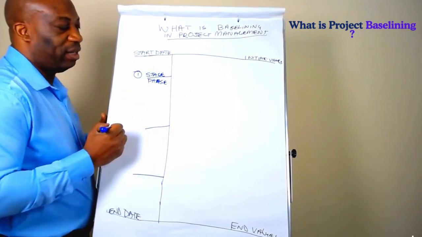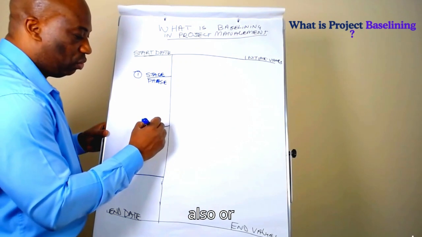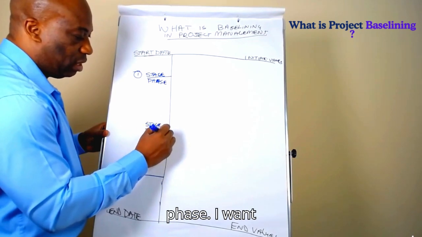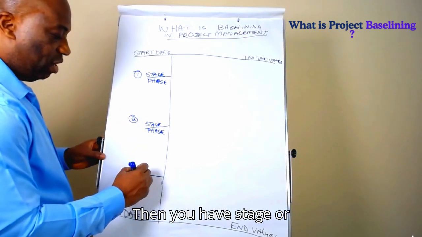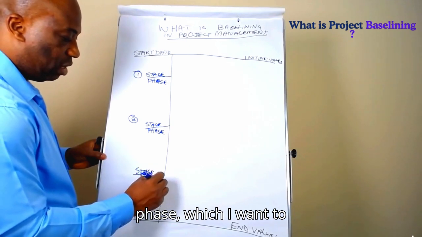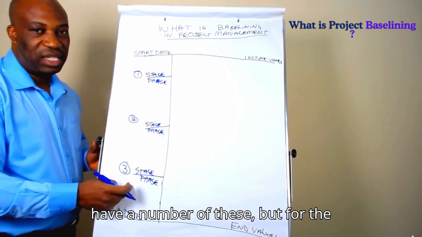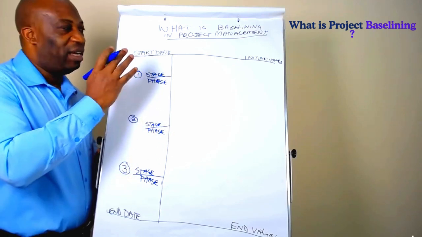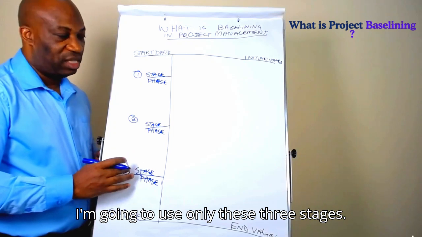Assuming this is phase 1, then we have a stage or phase, which I want to call number 2. Then you have stage or phase number 3. A project can have a number of these, but for the purposes of explaining why we need project baselining in project management, I'm going to use only these 3 stages.